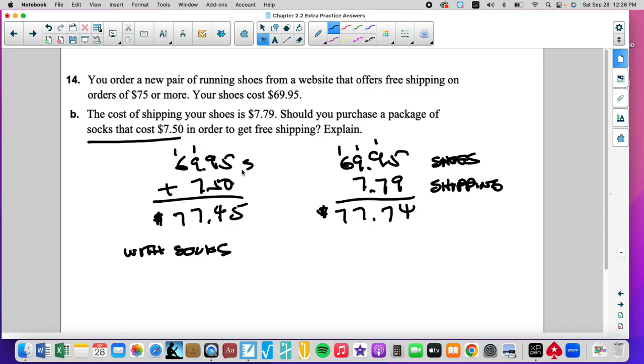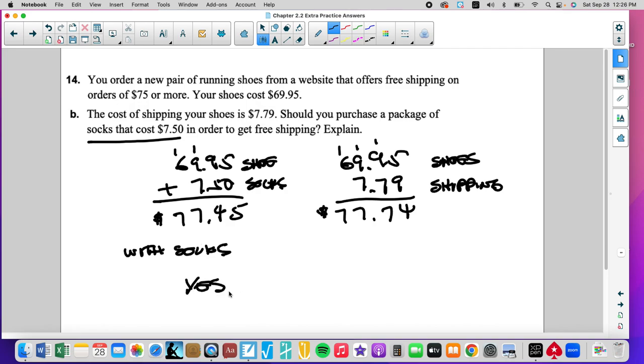If I get the shoes and socks, I am above the $75, so I get free shipping. So notice it's less than just the shoes alone. So in the fact that I buy the socks, not only is it cheaper total, but I also get the free shipping. So it says, should you purchase a package of socks?